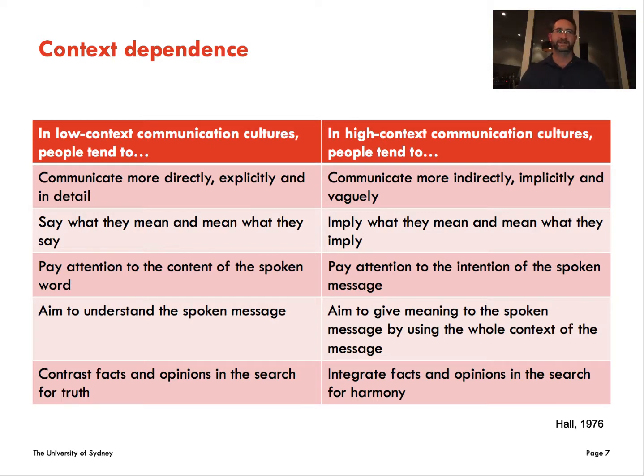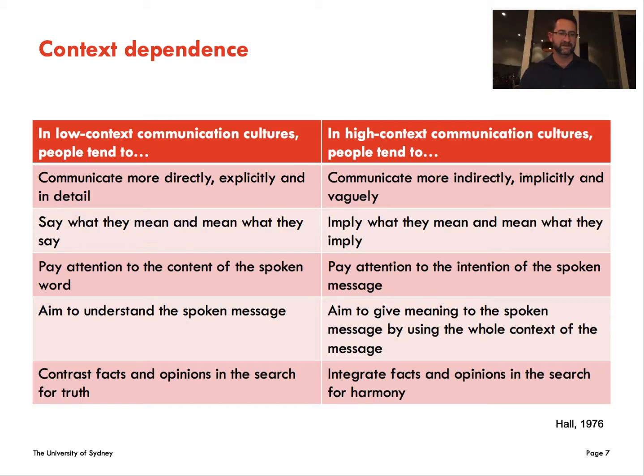My Indonesian student comes from a very high context communication environment, and I have to give him examples. I never criticize his work directly. I talk around things to give him an idea about where we're going. And if I criticize things directly, then I need to be very, very careful about doing things like giving opportunity to save face. So they're quite different ways of interacting.